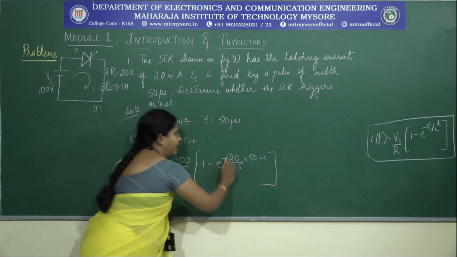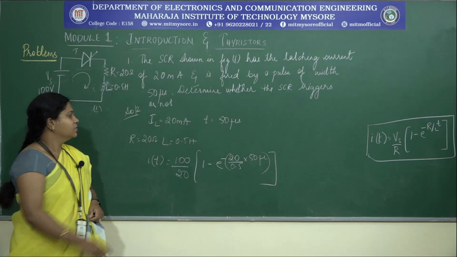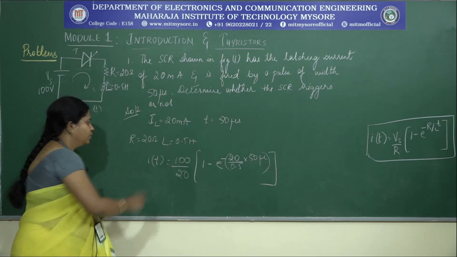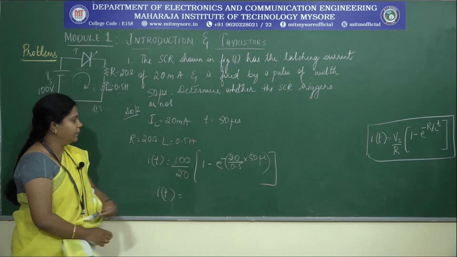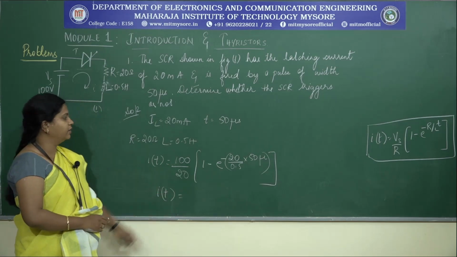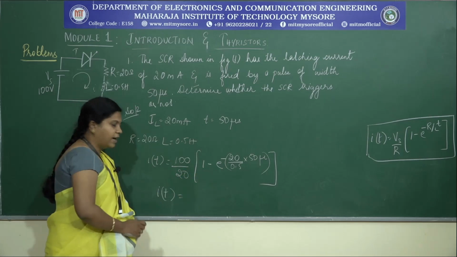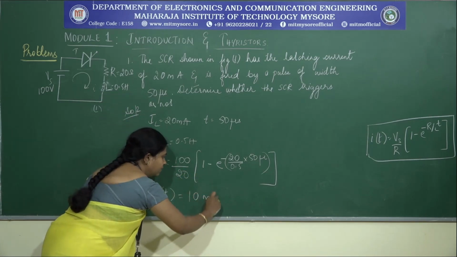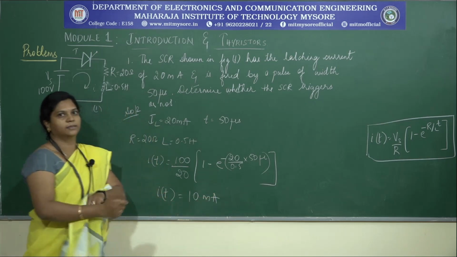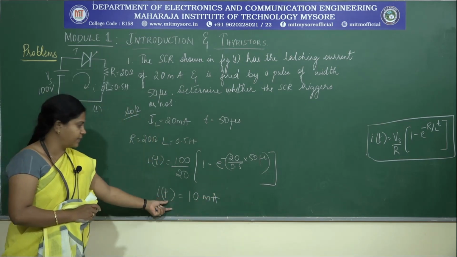So, R by L into T. When you solve for this, you will get the current approximately. You solve it and tell what is the value of current. As I have already solved, I am getting it as 10 milliamperes.